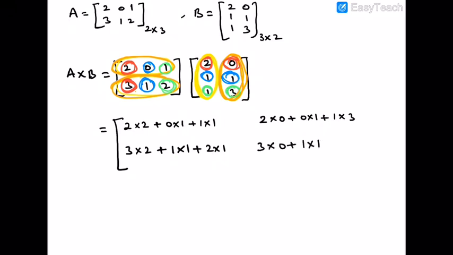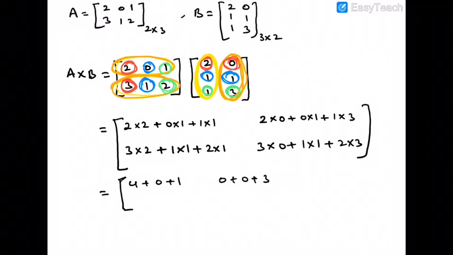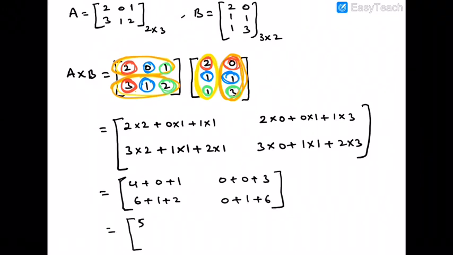So we will get 3 times 0 plus 1 times 1 plus 2 times 3, and we will get 4 plus 0 plus 1, 0 plus 0 plus 3, 6 plus 1 plus 2 and 0 plus 1 plus 6. Therefore, A times B will be 5, 3, 9, 7 of order 2 by 2.